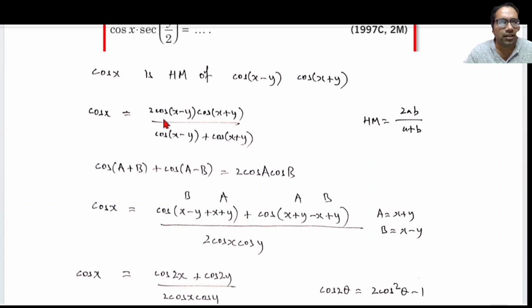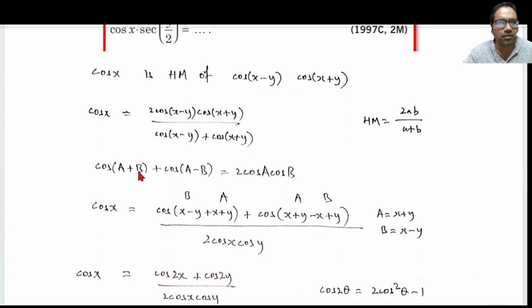In the numerator, we have 2 cos(x − y) cos(x + y). This is also in the format 2 cos A cos B. Let's take A as x + y and B as x − y.